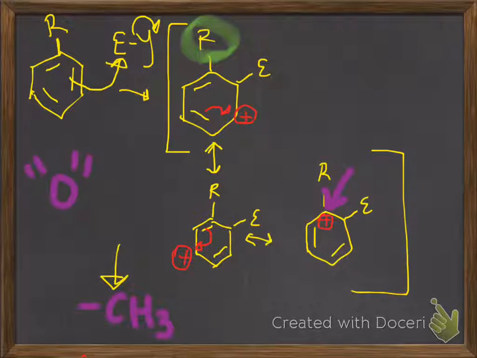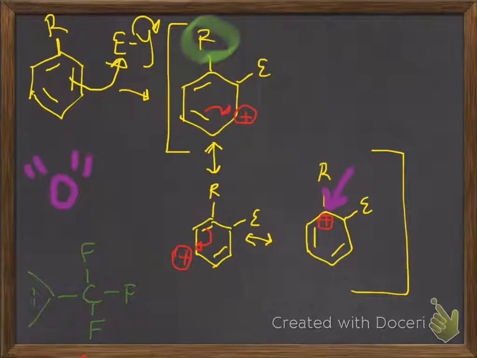Whereas, let me erase this. Whenever the R group looks like this, which I'm going to draw all the way out, whenever it was CF3, so here's where the benzene ring would be attached.